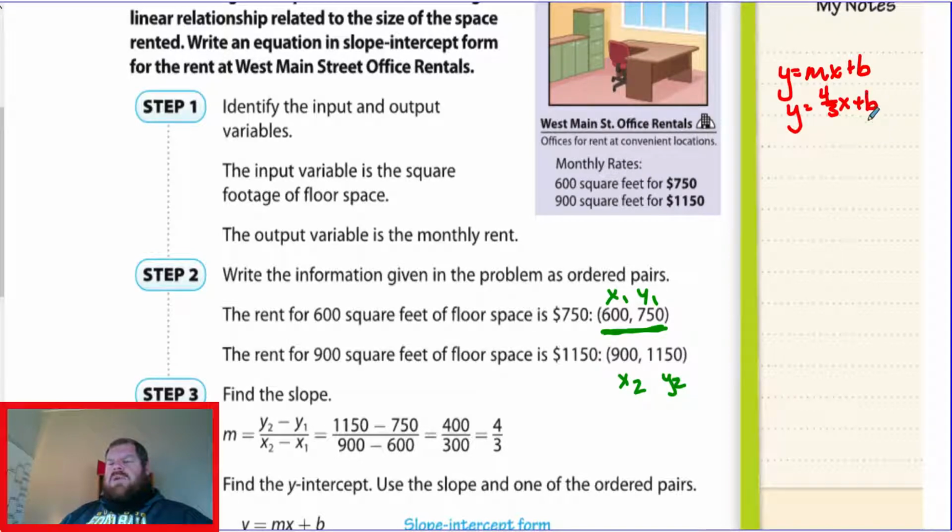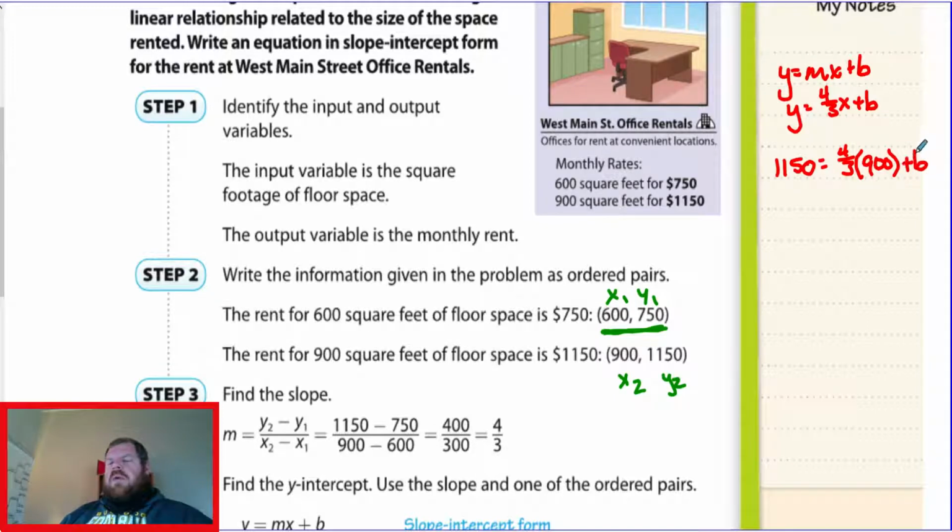Keeping in mind what I want to solve for. I want to solve for b, and I have these 2 points. So you can pick either one. They picked the easier one, 600 and 750. I'm going to pick the harder one, just to show that we get the same thing. 900 and 1150. So you put the x in the x and the y in the y. So this y value is what I'm starting with, 1150 equals 4/3 times the x value, 900, plus b.